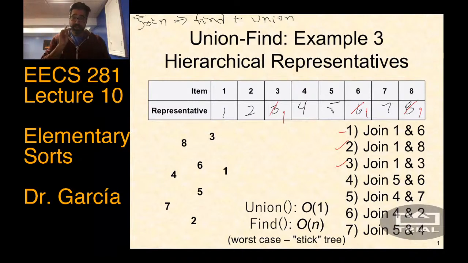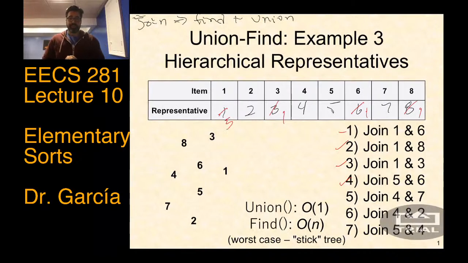Now here is where I might have introduced some confusion due to the type of annotation that I did on the table above. When I join 5 and 6, what's going to happen? I'm going to do a find on 5 and determine its own representative. Then do a find on 6 and see that its representative is 1. So now 1 is going to be represented by 5.